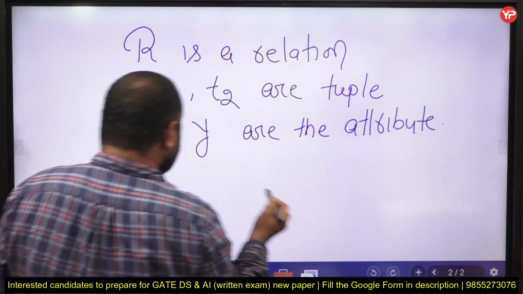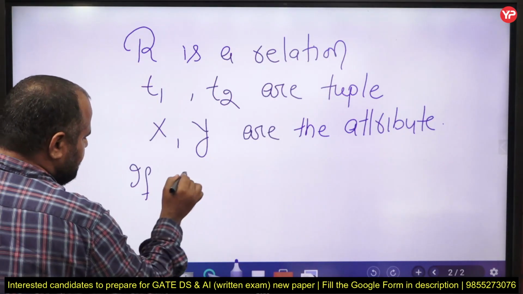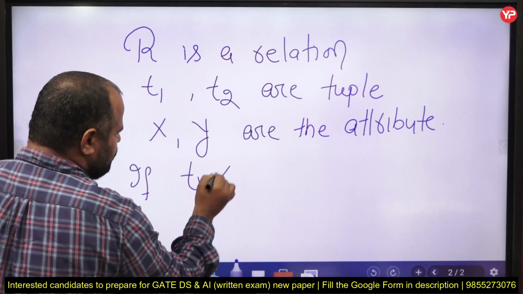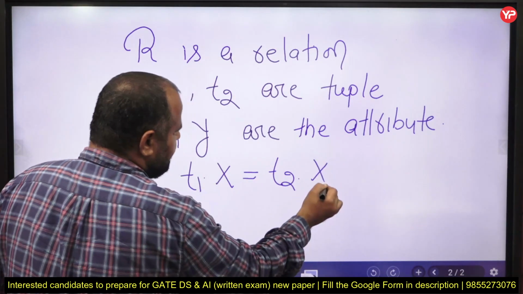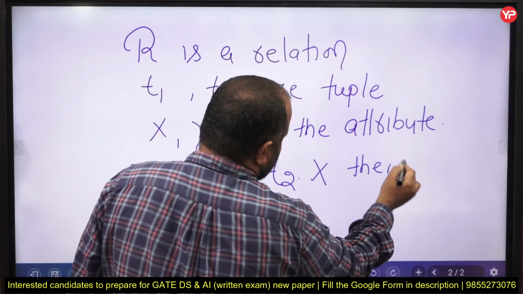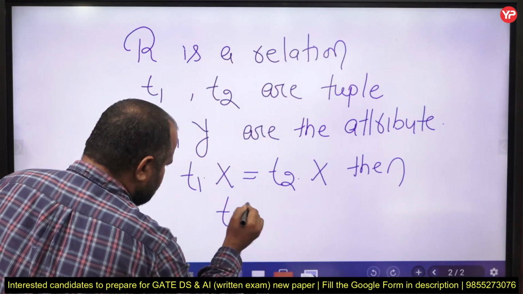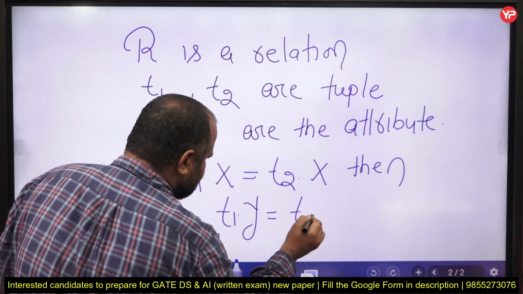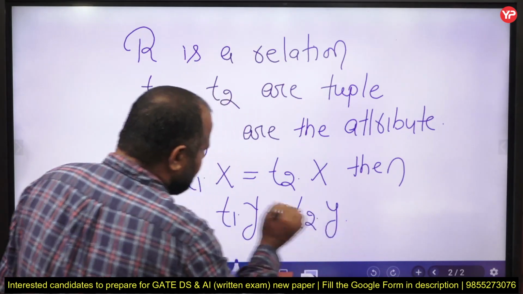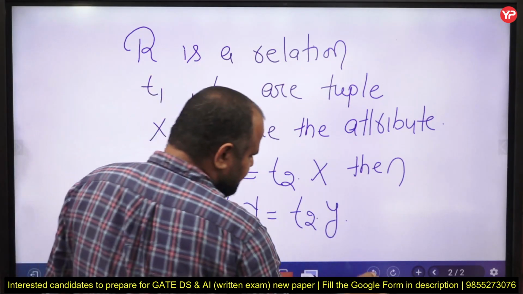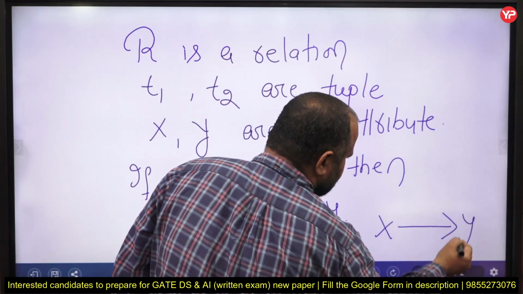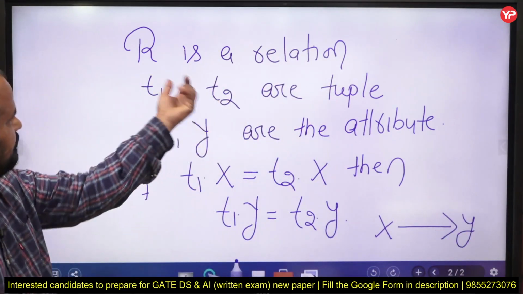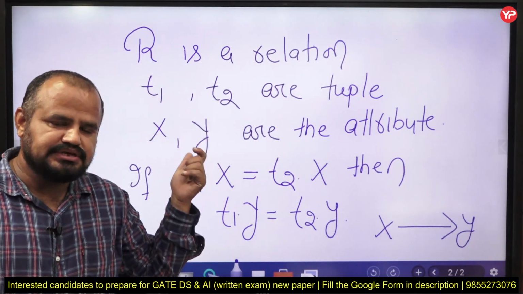So what I can say is, if T1.X is equal to T2.X, then T1.Y should be equal to T2.Y, and if this condition holds, then I can say X uniquely determines Y. Listen carefully my dear students, here R is a relation.